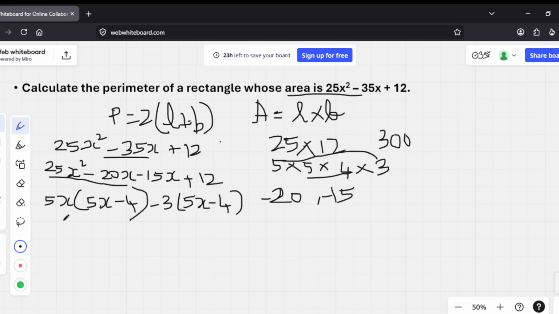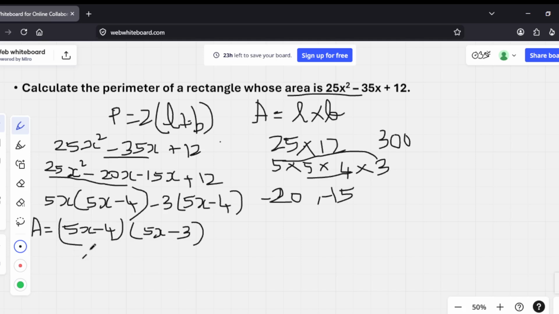Always the middle term will be the same in both the cases. Write the common term once, 5x minus 4, and the uncommon thing you have to write, 5x minus 3. So this is nothing but the area of the rectangle.